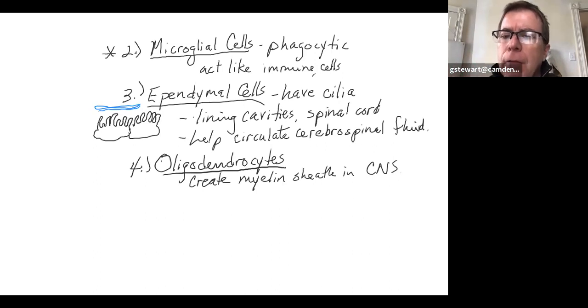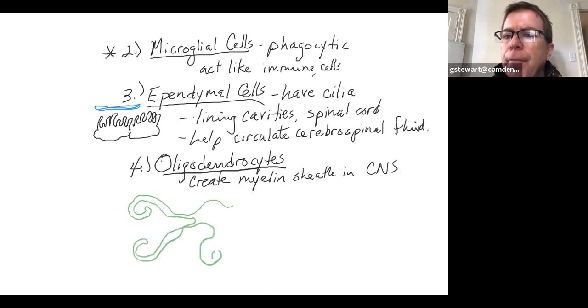So they look sort of like an octopus. If this is the cell body, they have these long flat processes that can wrap around neurons or nerve cells and help insulate them, so that the myelin sheath is just a form of insulation wrapping around a neuron.